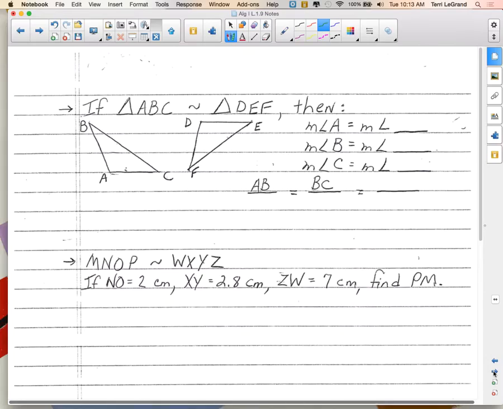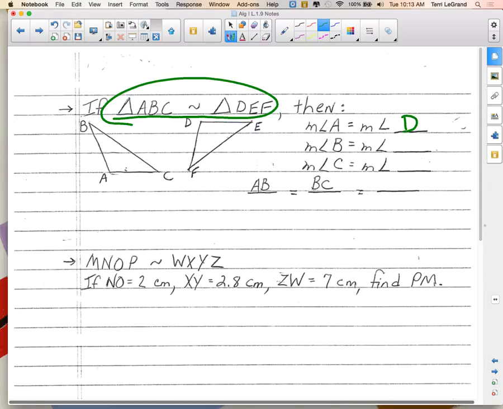And somebody read that statement to me. What does it say? Okay, if triangle ABC is similar to triangle DEF, then, okay, here's the things that we can assume. If these guys are similar, then the measure of angle A is the same as the measure of angle what?